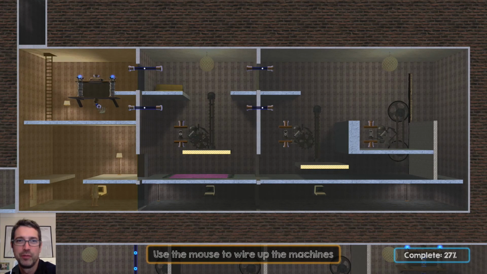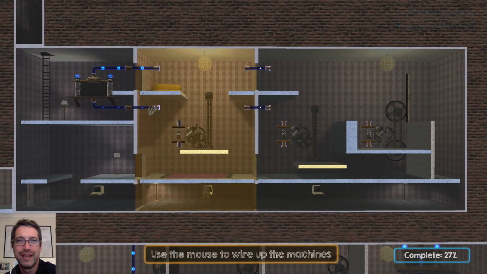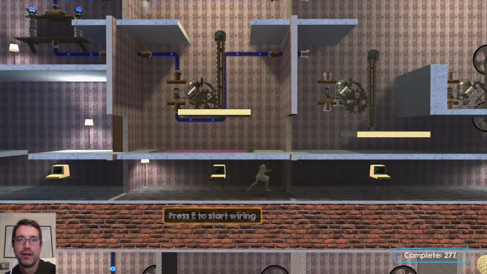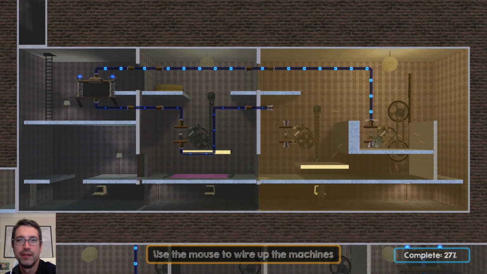Another multi-room puzzle. We've got 3 things to wire up now. Basically we need to just get in and wire them all up, and then we can get through on the top level.